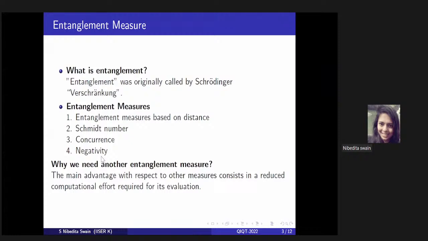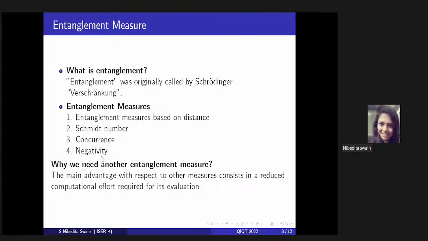First one is the entanglement measure based on distances. It says that the closer the state is to the separable state, the less entangled it is. It is defined as the minimum distance between the given state and the set of the separable states. The next one is the Schmidt number.